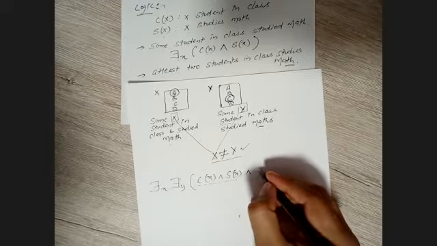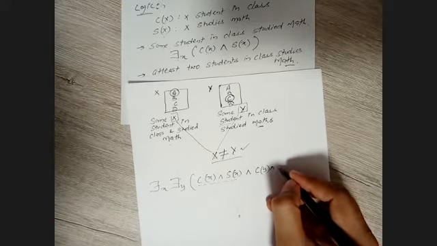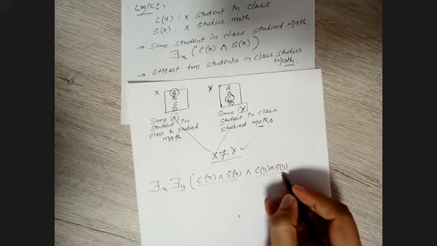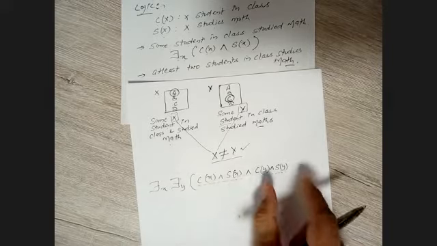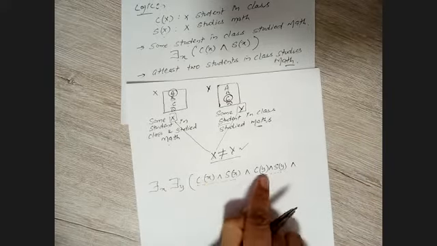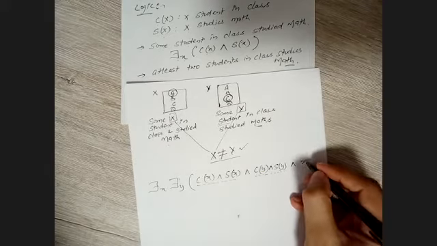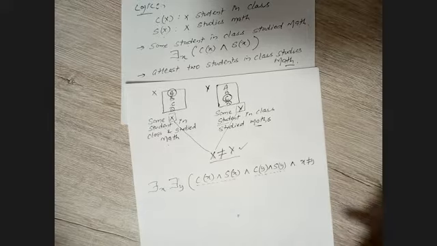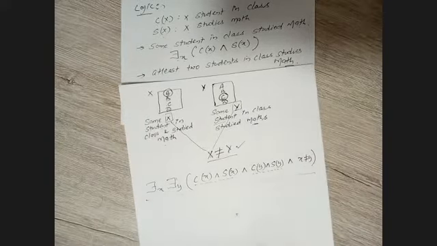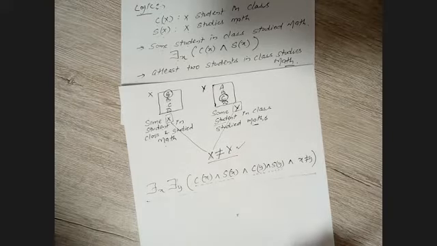And there is some student Y who studies math, that is S of Y. So this is my second condition. Along with this, I should have a third condition that says this X and Y are two different, not the same. This is X not equal to Y. And this is my formulation. Yes or no? So this is how we formulate the condition of at least 2.